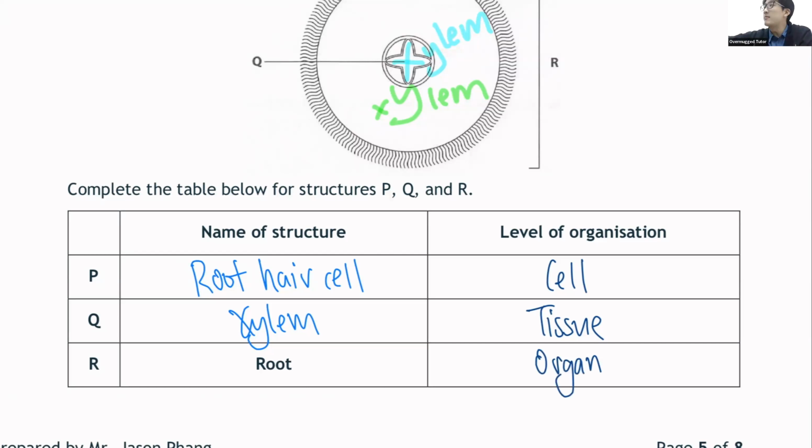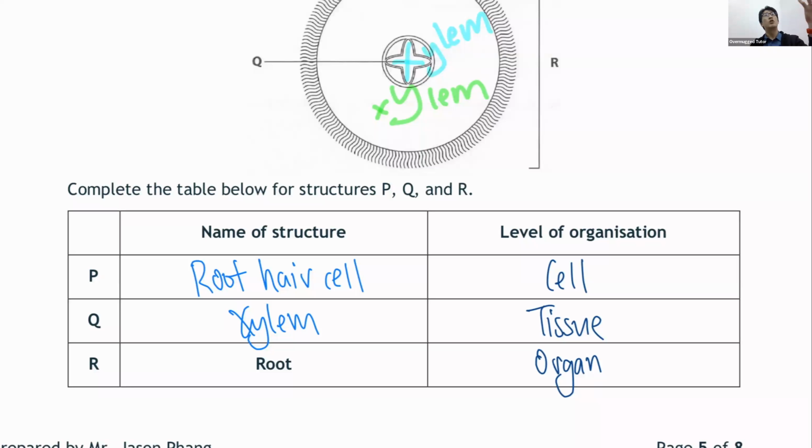In a similar fashion, tissue is a group of cells working together to perform a similar function. An organ, therefore, is the same. Exactly the same. Thank you. So an organ is a group of tissues working together to perform a similar function.